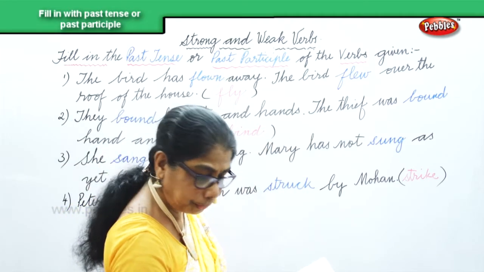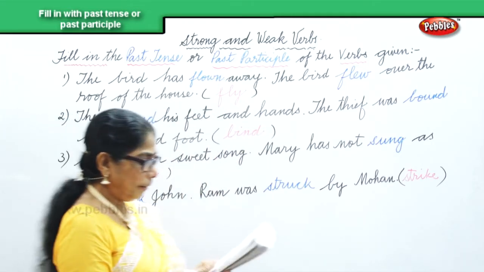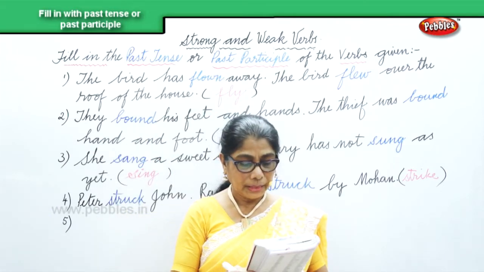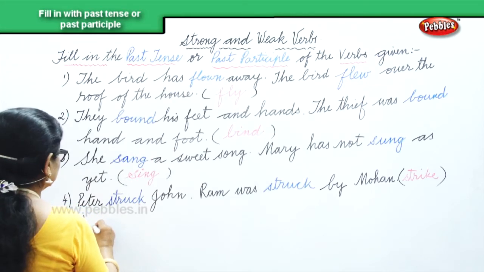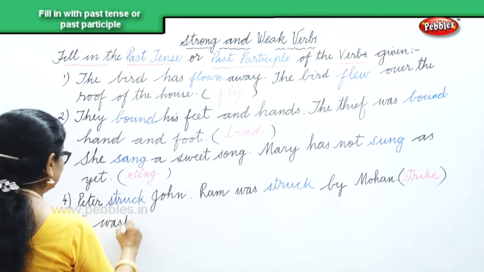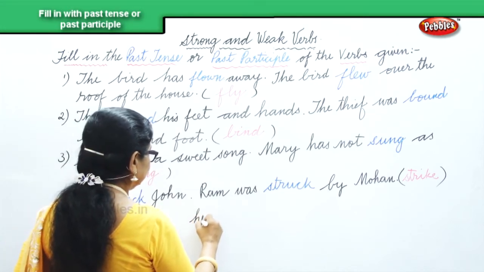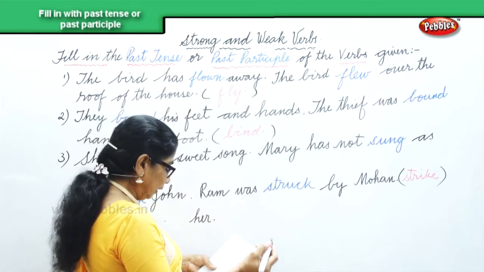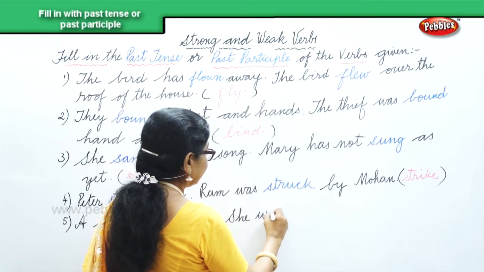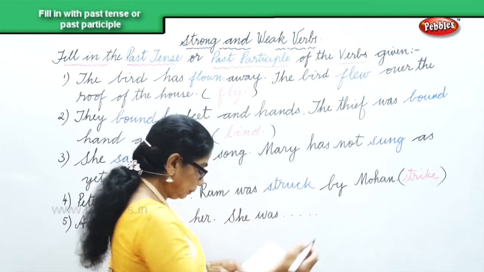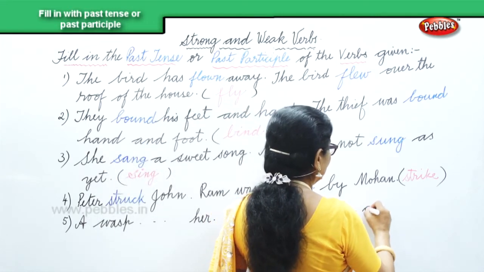Another sentence for you. Here, a wasp dash her. Then she was dash by a wasp.